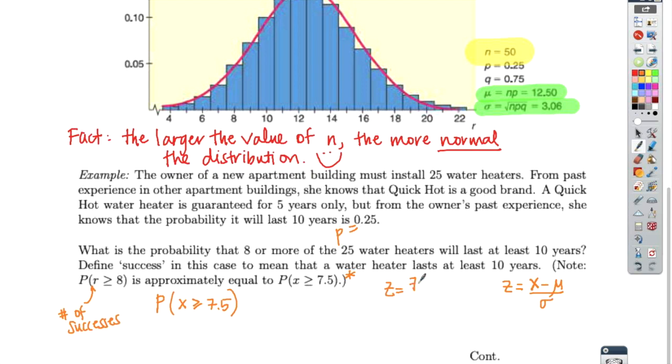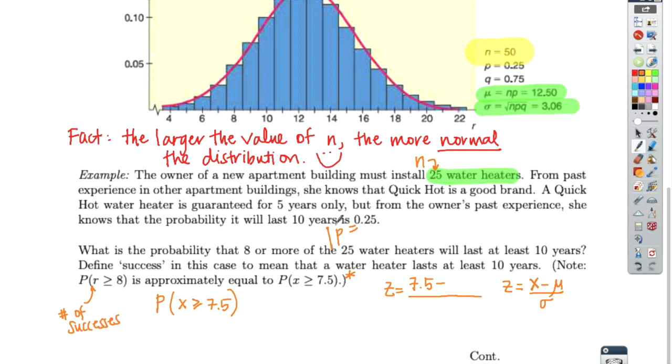The other question is, do we have mu and do we have sigma? Because I need to plug those into the formula. So let's look back through the numbers in this problem. The owner of a new apartment must install 25 water heaters. In the language of binomial trials, this is our sample size, the number of trials, 25 water heaters.